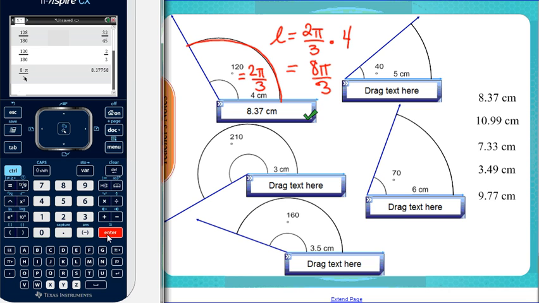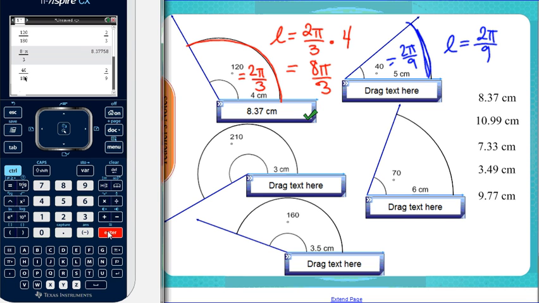Okay, and then the next one, 40 degrees, we're going to convert that to radians. You can do that in your head, but just to make things quicker, we can do this on our calculator. So that's 2 over 9, so 2 pi over 9. So this arc length here is going to be equal to 2 pi over 9 times the length of our radius, which is 5.